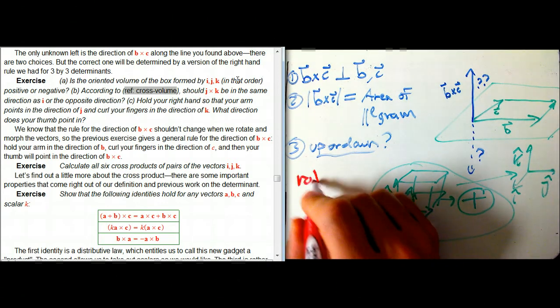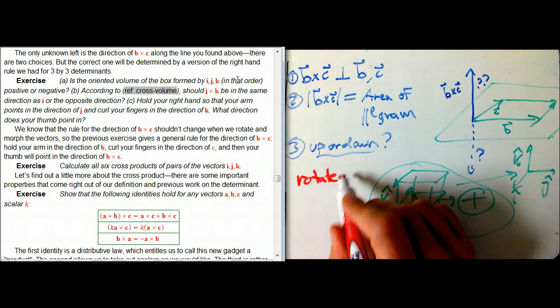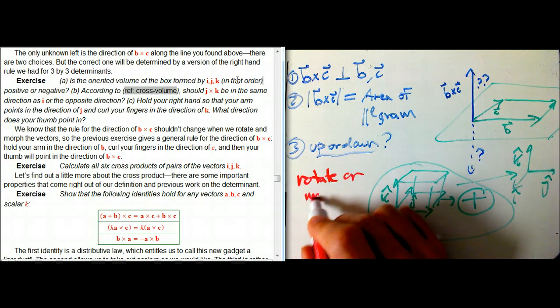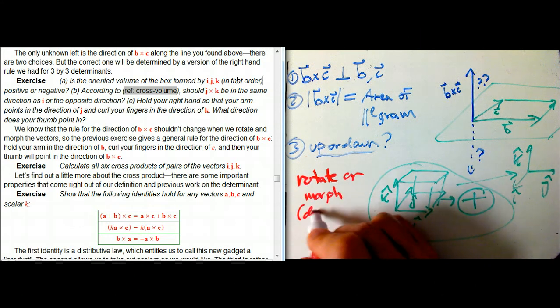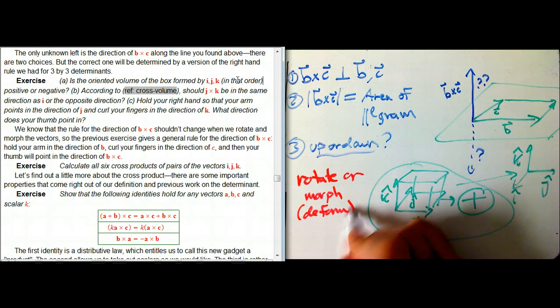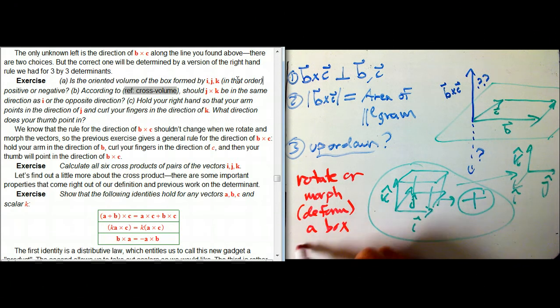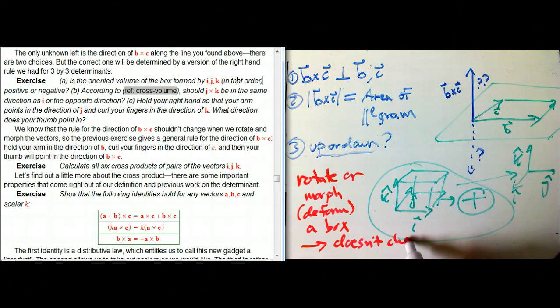It's that if you rotate or morph, deform a box, that doesn't change the sign of the oriented volume. Unless you flatten out the box and produce something with 0, in which case you definitely can go from plus to minus or minus to plus.